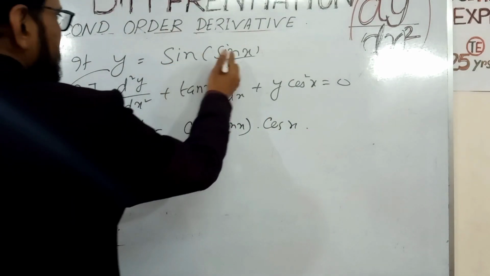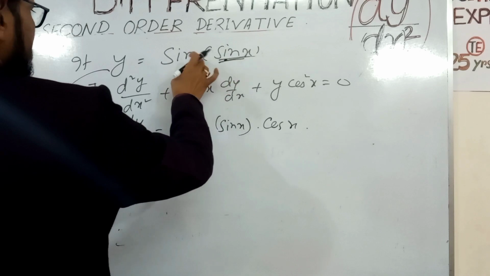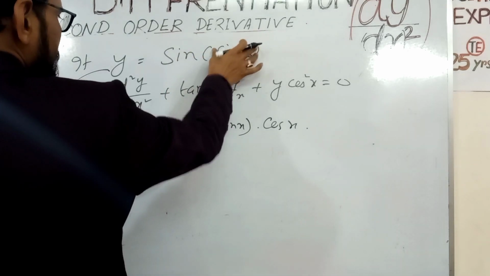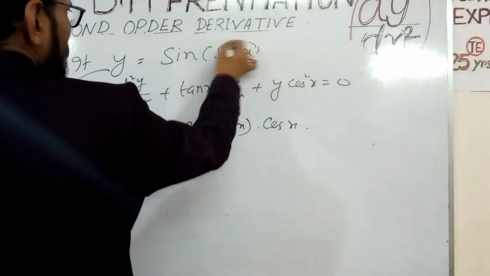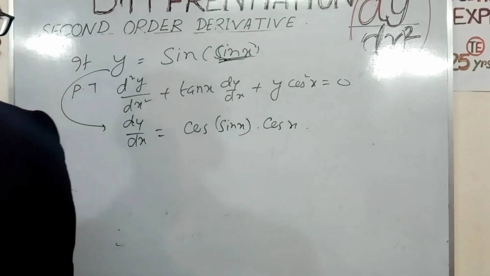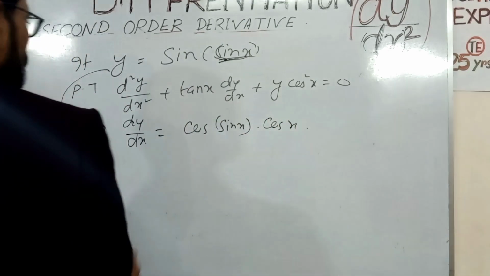Take sin x as theta; its derivative is cos x. So this is cos of sin x into cos x.